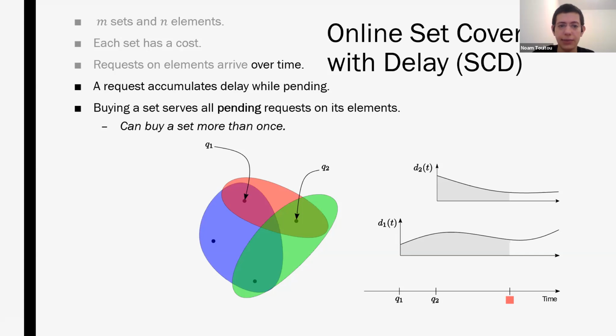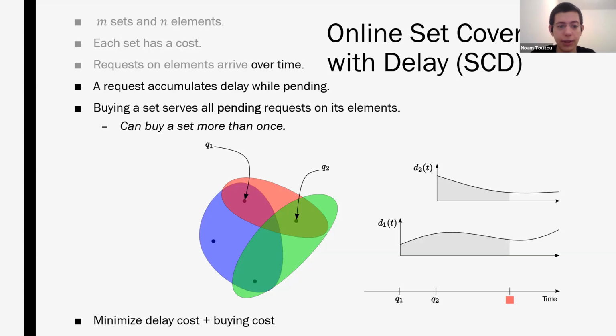Now note that buying a set serves all the pending requests on the elements of that set, but it does not serve future requests which are released after buying the set. Such requests have to be served by buying either a different set or the same set another time. Thus, we allow the algorithm to buy a set more than once.